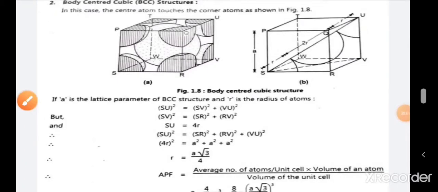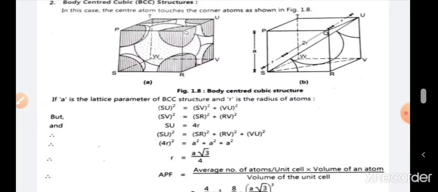But if you check the triangle SVR, the diagonal is SV and the sides are SR and RV. We will apply Pythagoras theorem another time, whereas SV square is equal to SR square plus RV square.